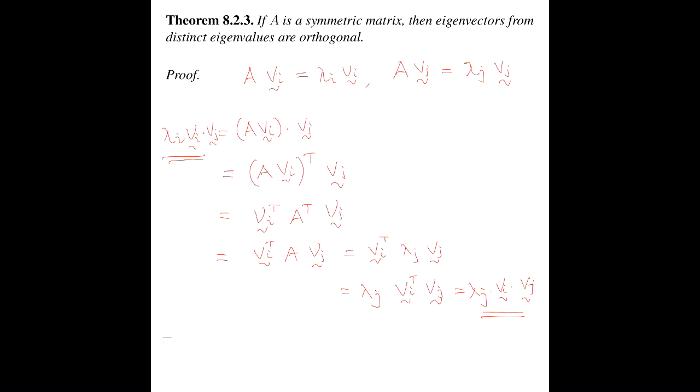If this is true, this means that lambda i minus lambda j times the dot product of Vi and Vj equals 0. But because we assume these two eigenvalues are not equal, these two eigenvectors have to be orthogonal. The dot product is 0. The proof of this is quite straightforward.